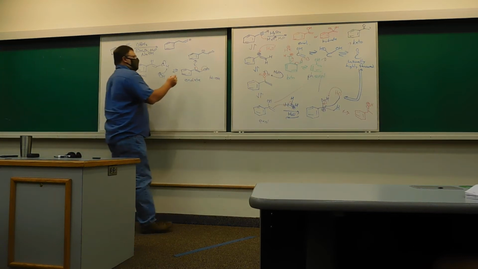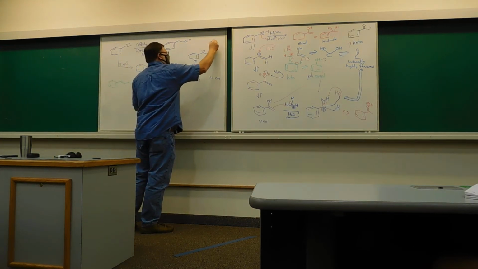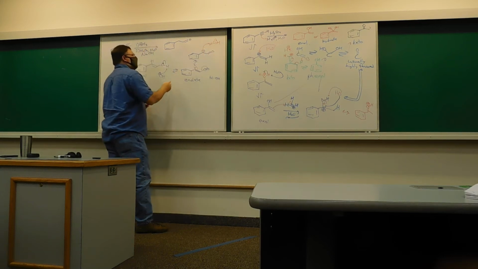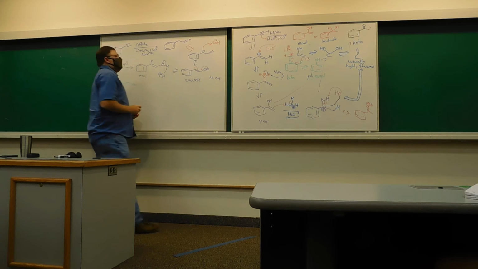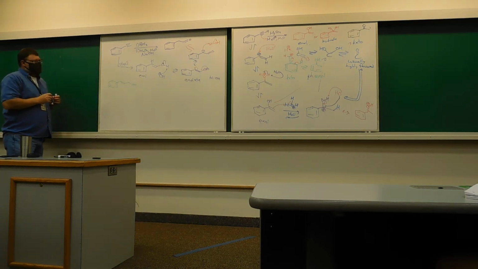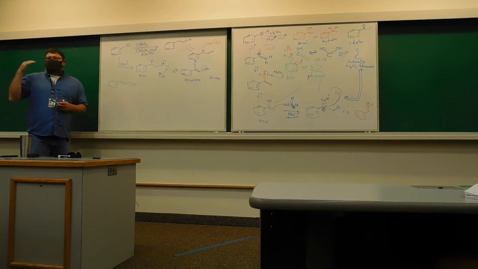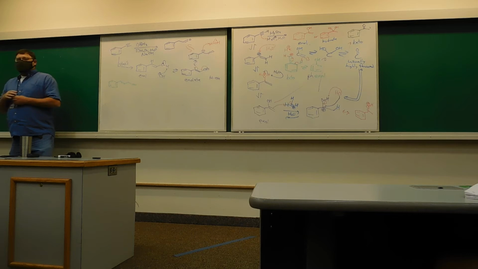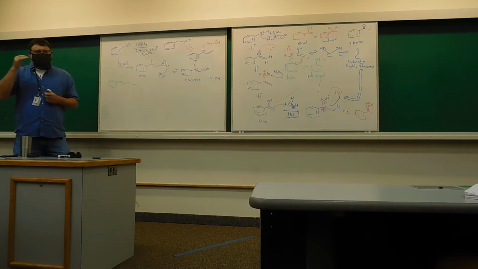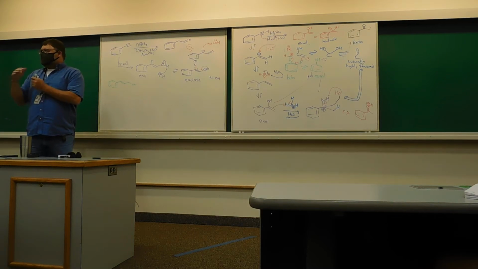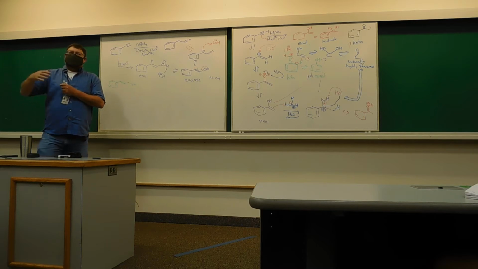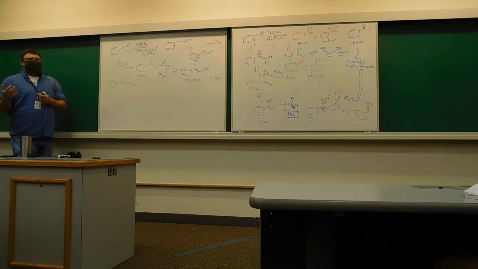And then, got water in there, so the negatively charged carbon takes a proton from water. So again, two steps. And I've said this over and over: if you're writing a mechanism for a reaction that happens when there's a strong acid present, you can't make a strong base.